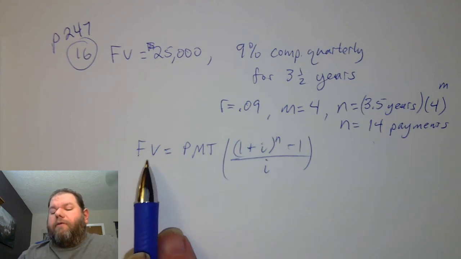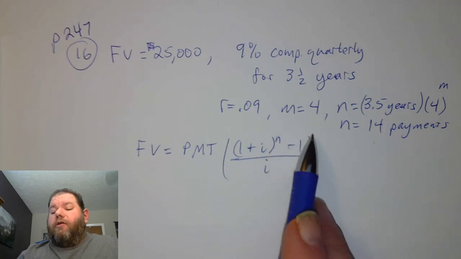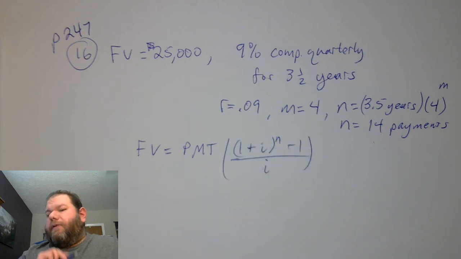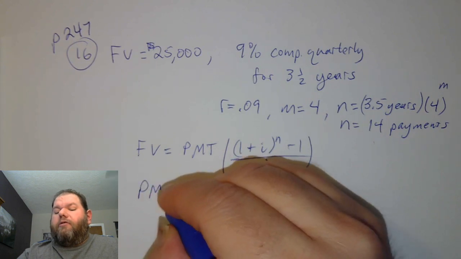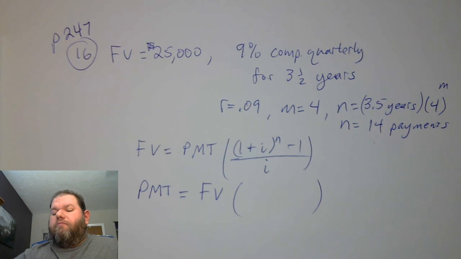So basically we have future value equals payment times a fraction. What happens if we want to take this fraction and move it to the opposite side? Payment will equal future value times what?